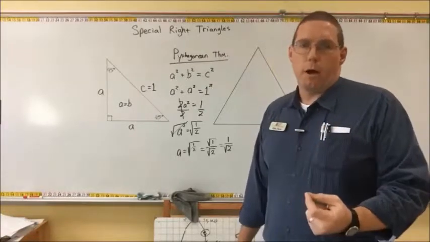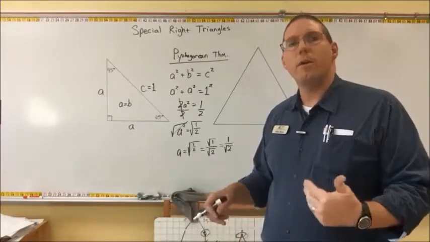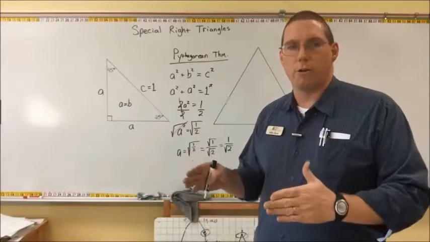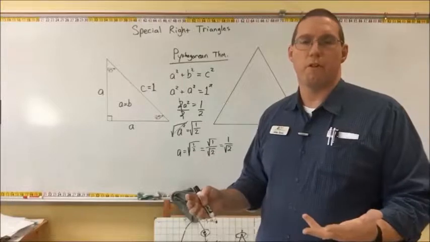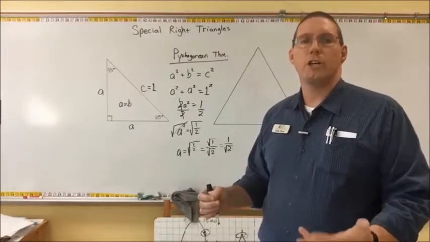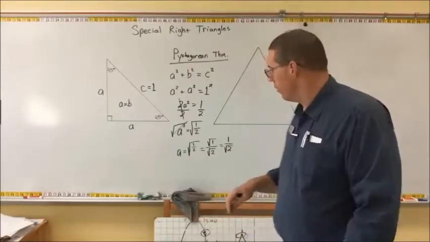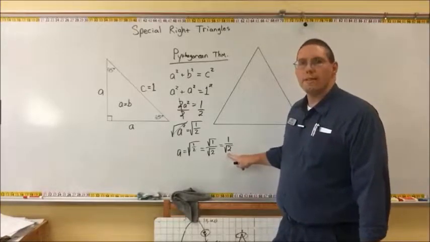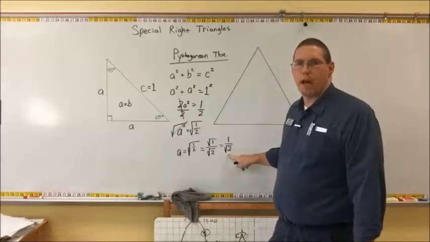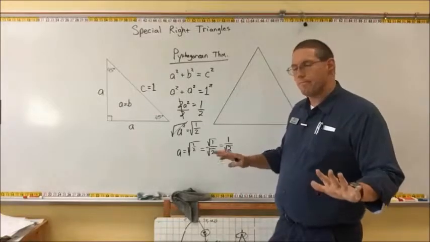In algebra, we have this idea that we do not leave radicals in the denominator of a fraction. One of the things we prefer to do is rationalize the denominator. This square root of 2 is an irrational number, and we don't like to have irrational numbers in the denominator. Now, in calculus, it's okay.